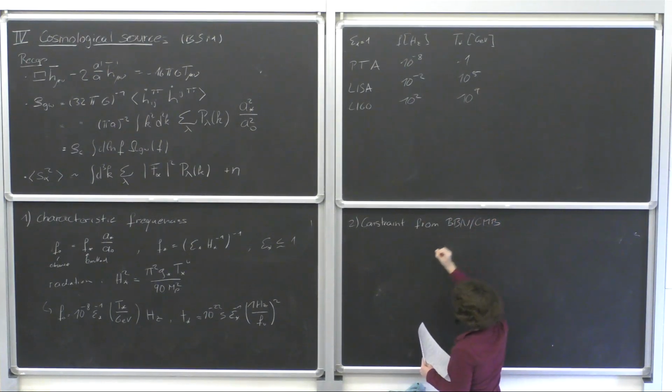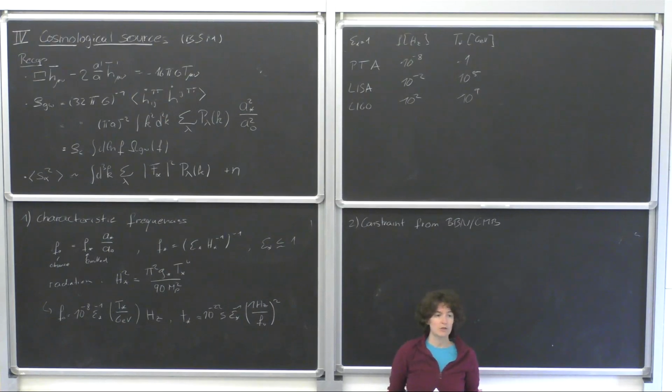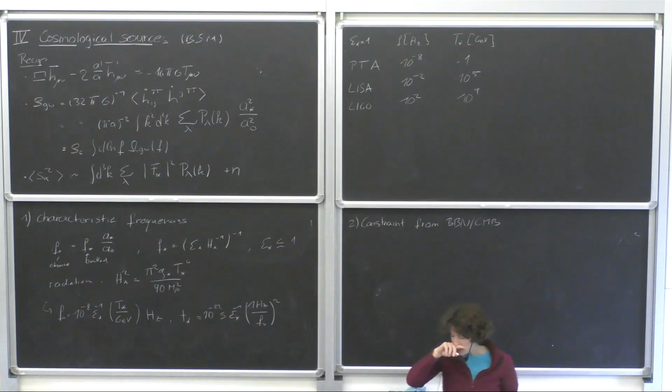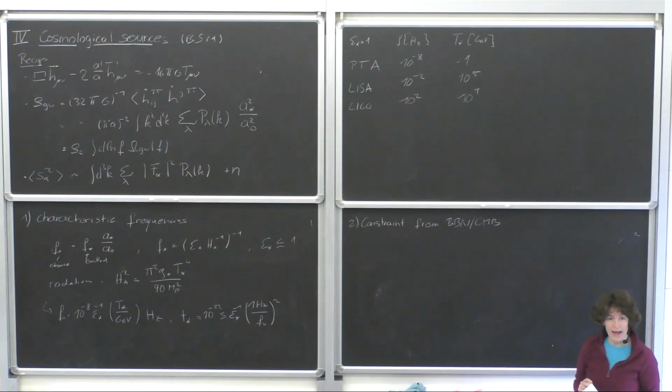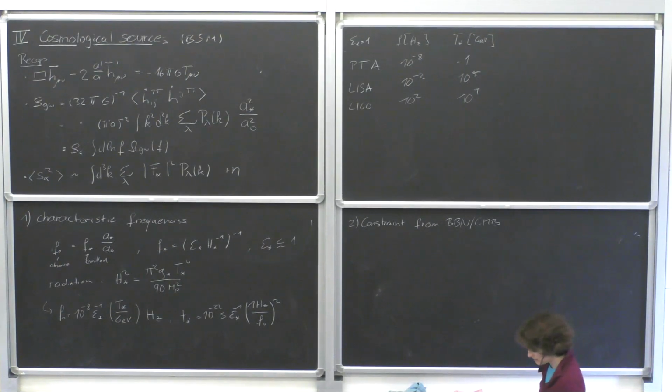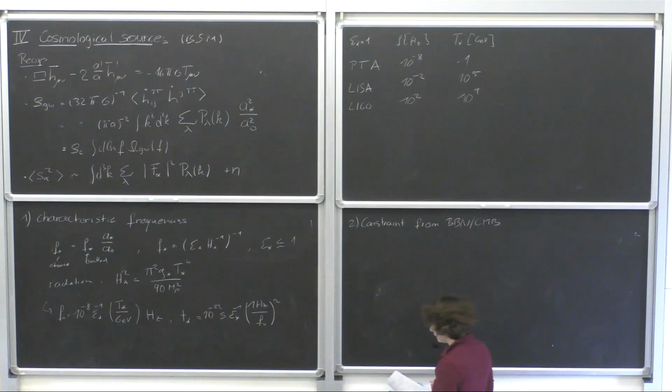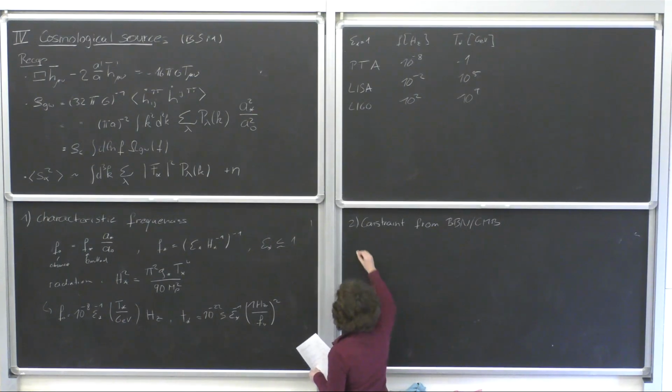It is a constraint on the total amount of radiation in the universe, because gravitational waves are massless radiation, so they act like extra photons, extra neutrinos in our universe, and hence are constrained by the amount of radiation that we are allowed to have. So, extra radiation.